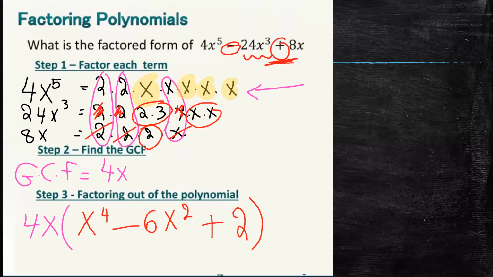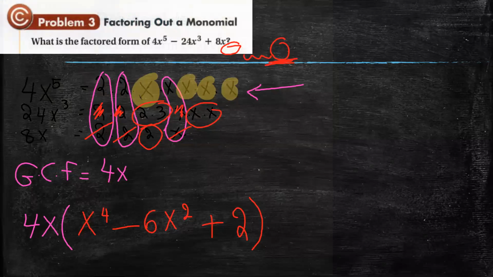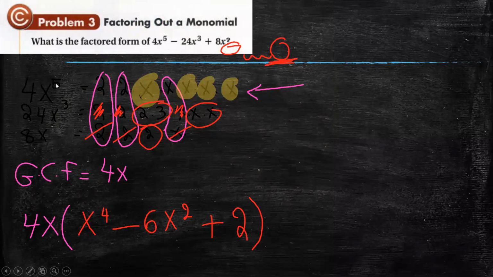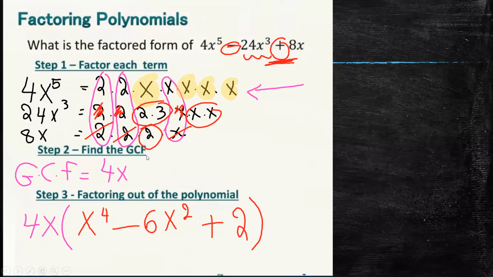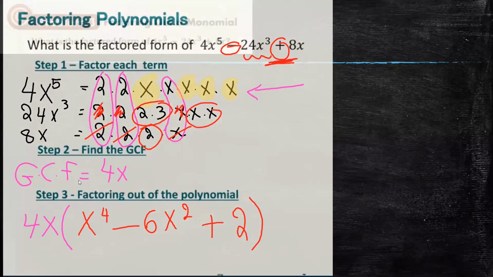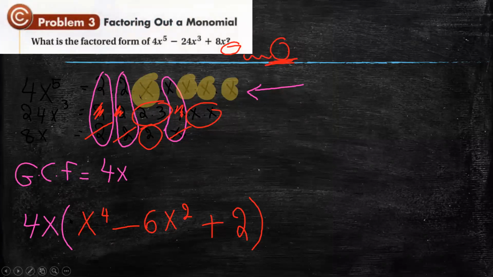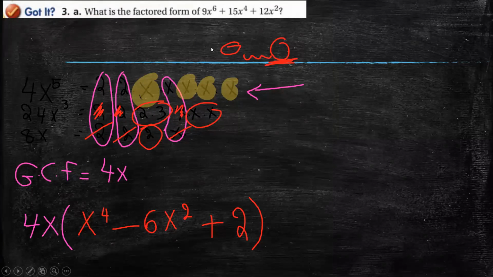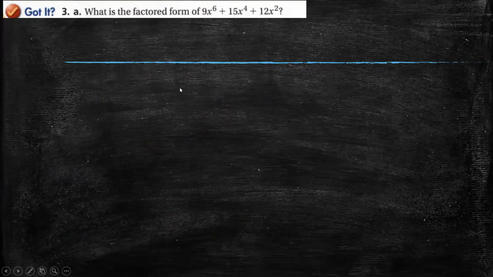Let's have another example. By the way, this is problem 3. This one is the same as problem 3. Now let's do GAT 3. In GAT 3 here, what did we have?